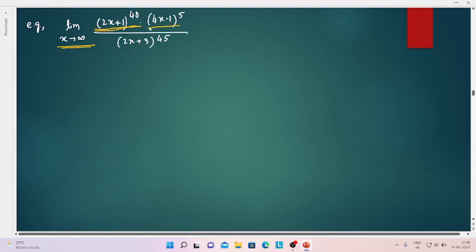Similarly, when we expand the denominator expression, we'll get a term of x to the power 45, right? So these are actually polynomials. (2x + 1)^40 is a polynomial, and (4x - 1)^5 is also a polynomial, right?